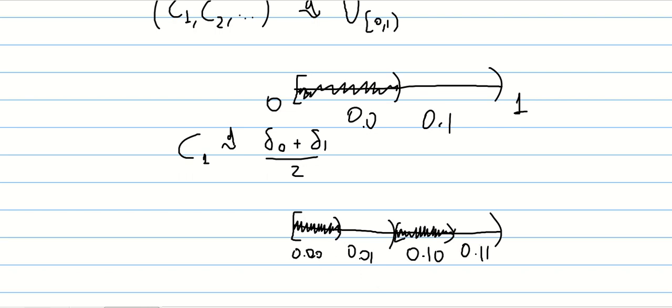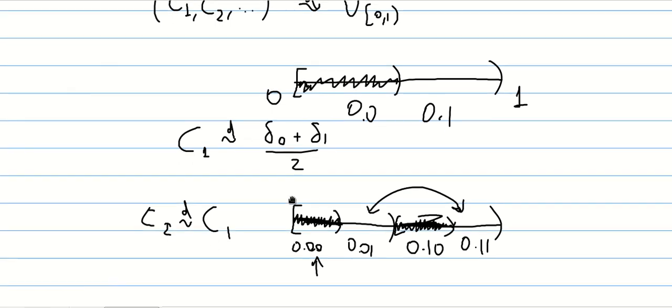But the second term, C2, only looks at whether you are in the first fourth or in the third fourth. So in the end, C2 has the same distribution as C1. You have probability 1/2 to be in this union, and probability 1/2 not to be in this union.